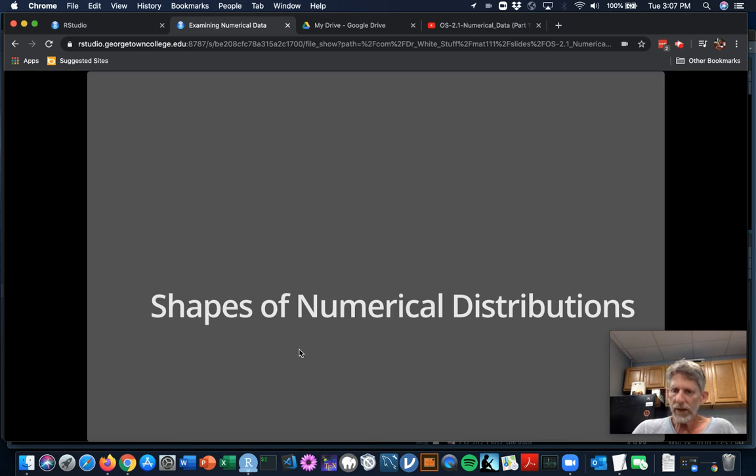So that's enough here for this particular screencast. We have looked at two approaches to computing the typical value for a data set, and that's the mean and the median. And we've looked at two approaches for computing spread in a data set, and that's the standard deviation and the inter-quartile range.